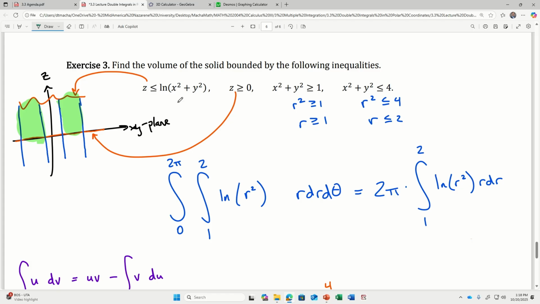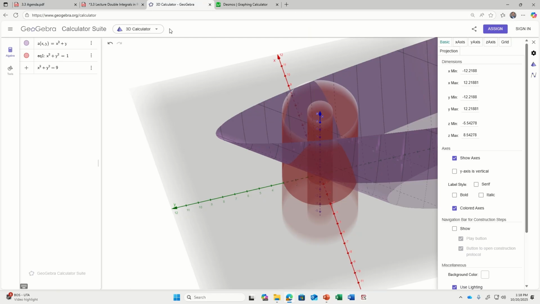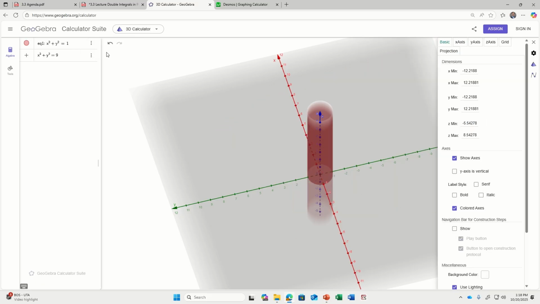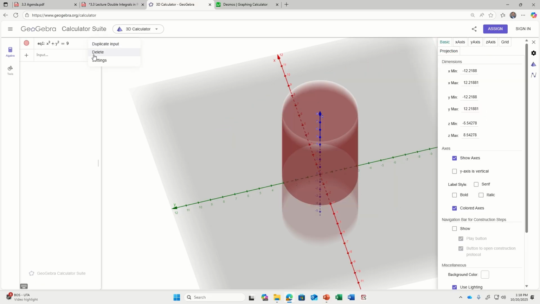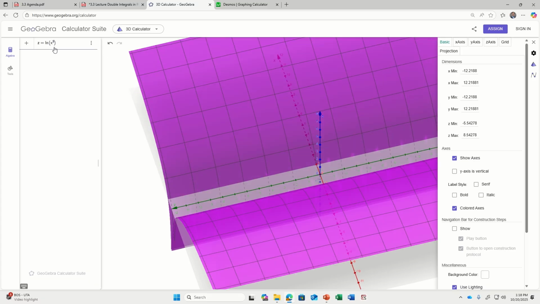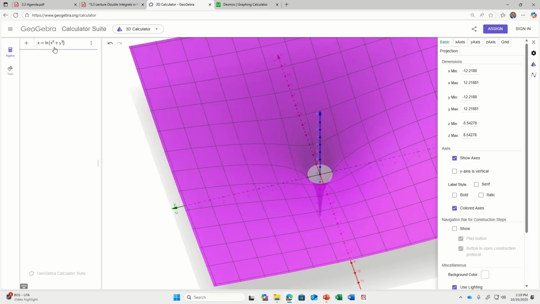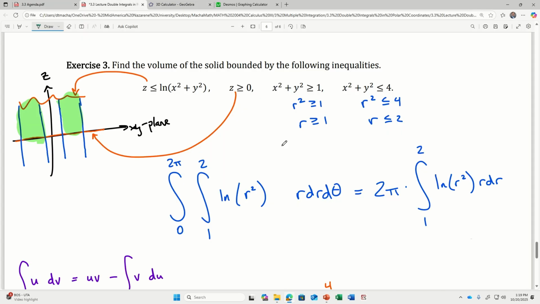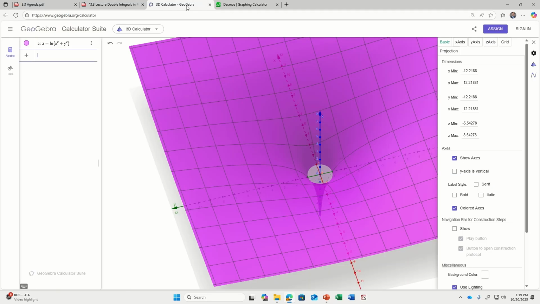So we're going to graph natural log of x squared plus y squared, where x squared plus y squared is greater than 1 and less than 4.